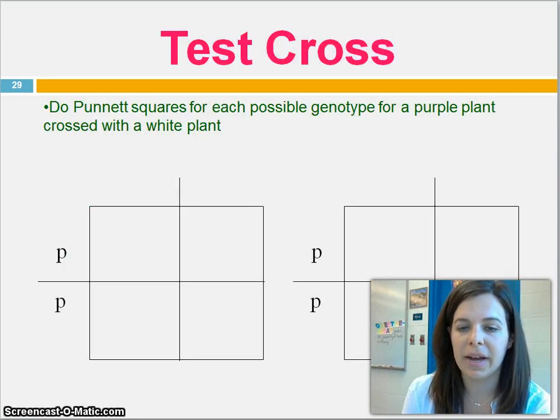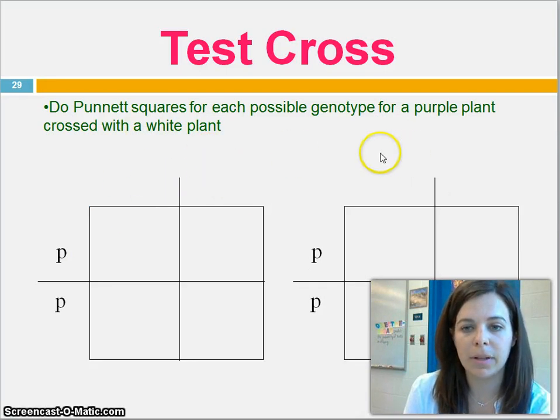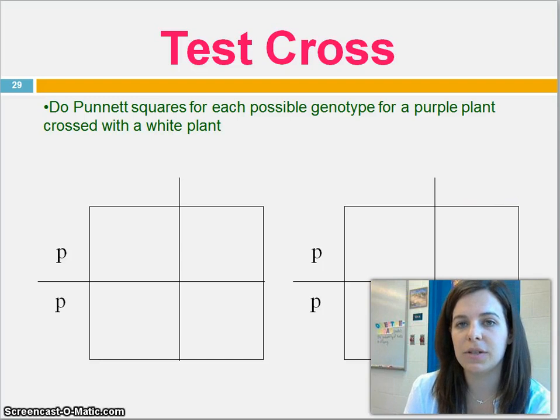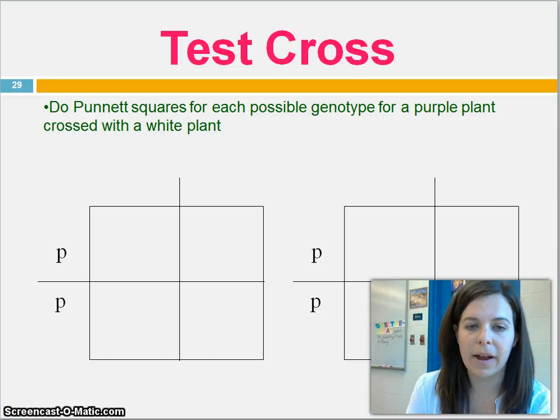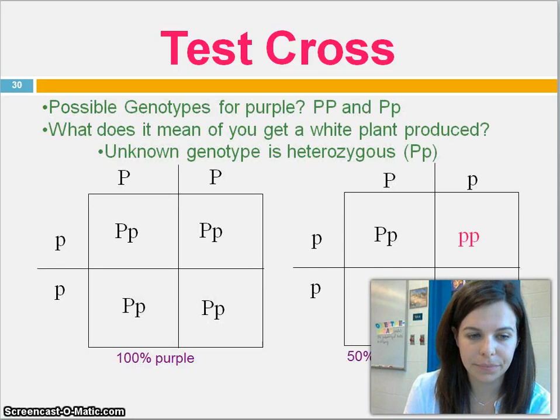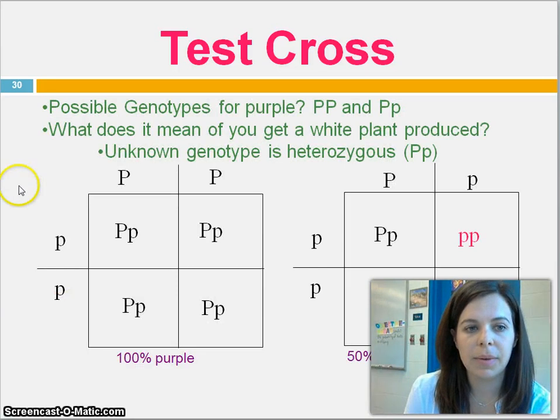So you're going to do Punnett squares for each possible genotype for a purple plant crossed with a white plant. So remember, you could have capital capital or capital lowercase. So again, pause the video, see if you can do it on your own, and then press play when you're ready. So we have capital P capital P, and capital P lowercase p. In this case, we have 100% of the plants that are purple.